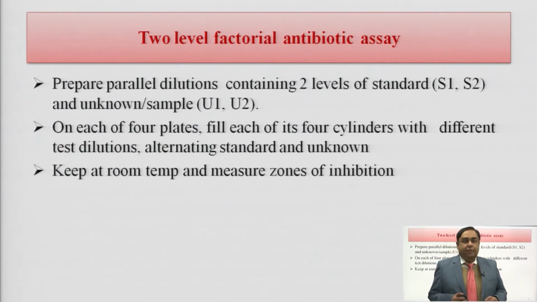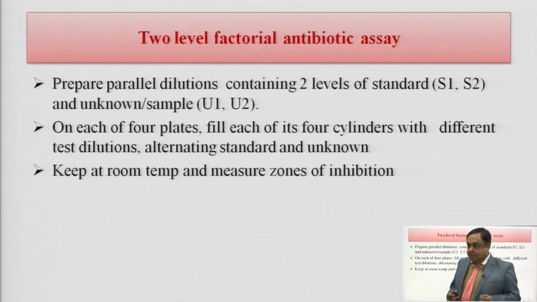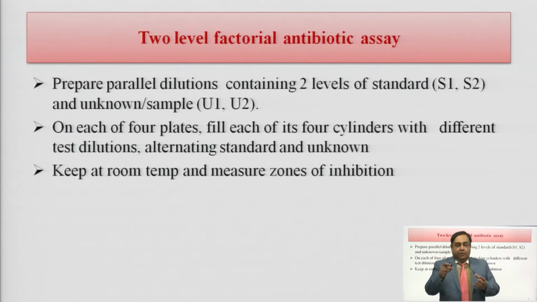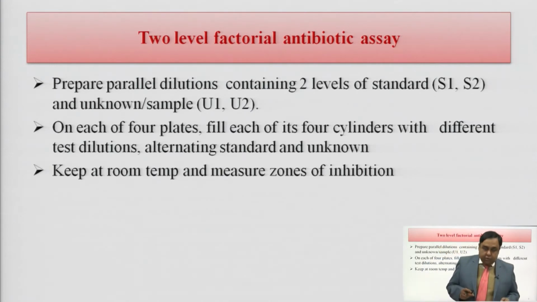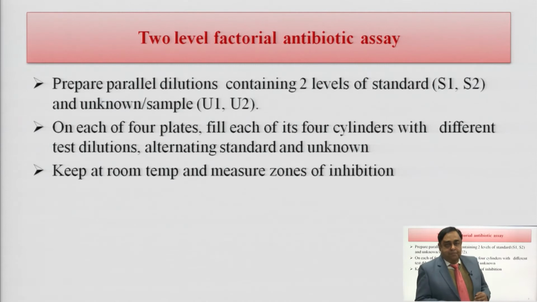And then, after the nutrient agar plate is flooded with these microorganisms and we put this antibiotic in the respective cylinders, followed by the process of incubation, it will lead to development of zone of inhibition.